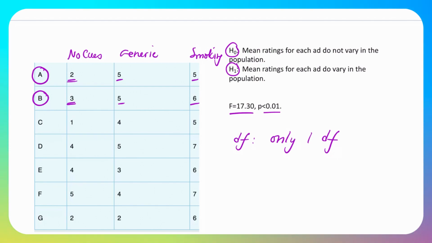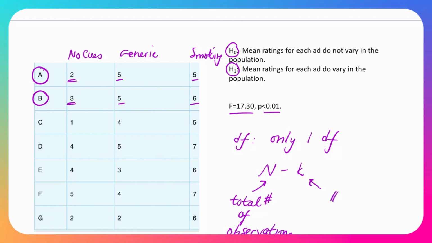And the way you find this degree of freedom is it's n minus k, where n is the total number of observations, and k is the number of groups.